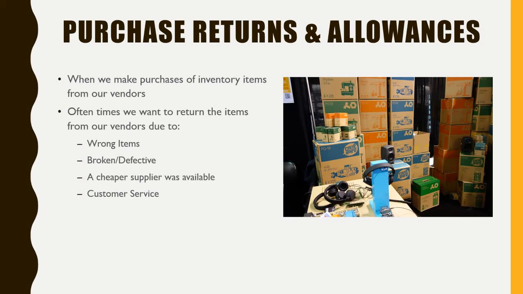Or just customer service itself. If they've been sending you the wrong stuff every single time, at this point you could cut ties with them and say, hey, I want a full refund, or I want a return, okay?